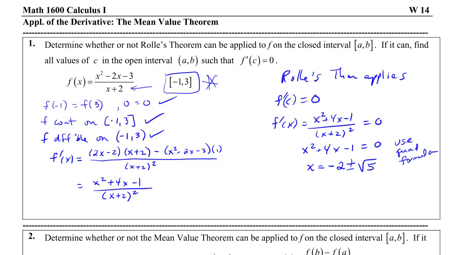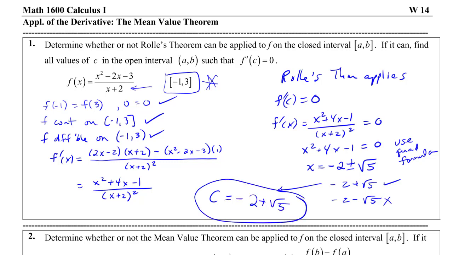So the x value of -2 plus the square root of 5 makes sense. But -2 minus the square root of 5 would be -2 minus something about 2, so we'd be past -4. That is not actually on our interval. So the c value referred to here was -2 plus the square root of 5.